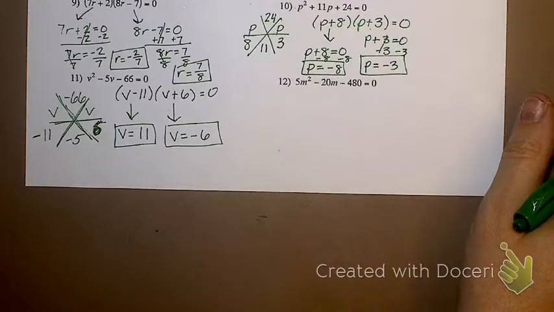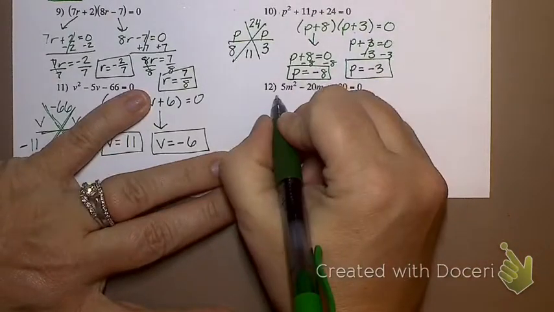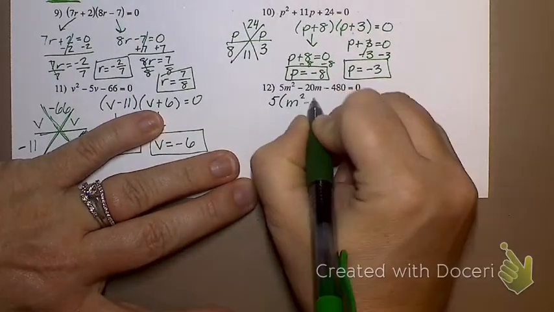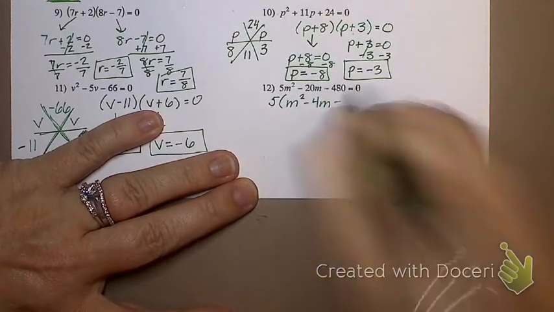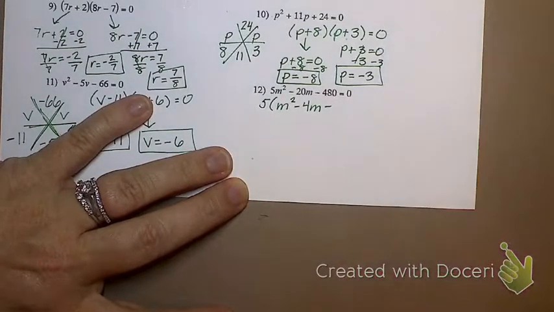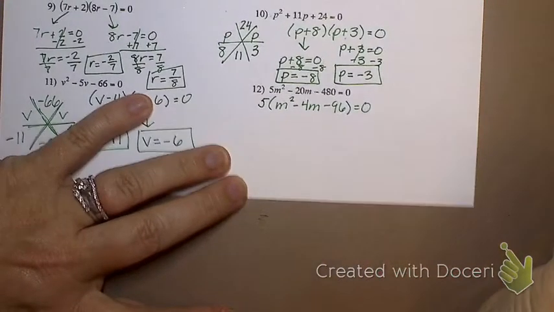And the last one, number 12. Do they have anything in common? 5. So if I take out a 5, that leaves me with m squared minus 4m minus 96. Now, question really quick.